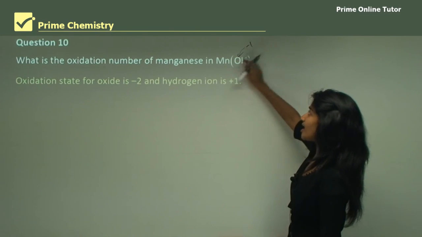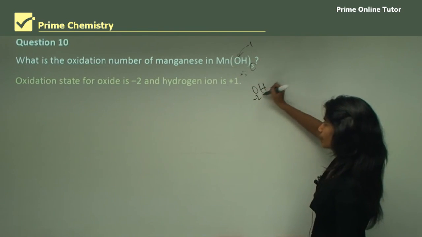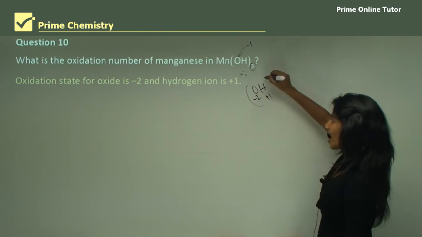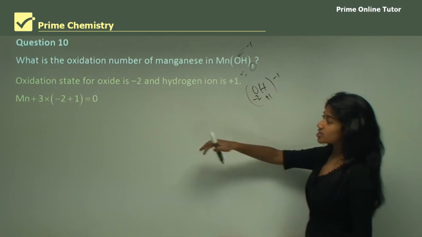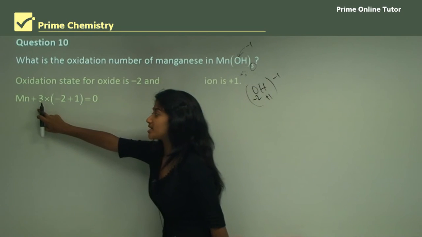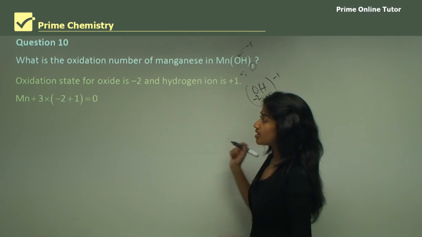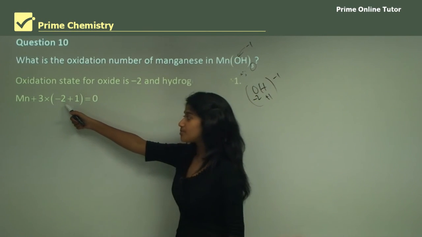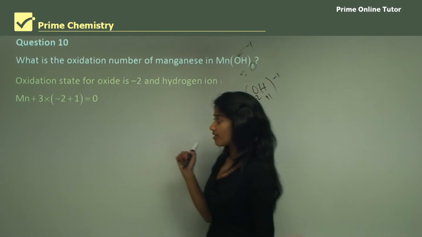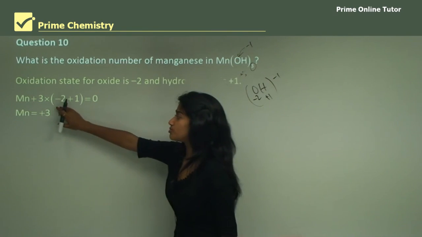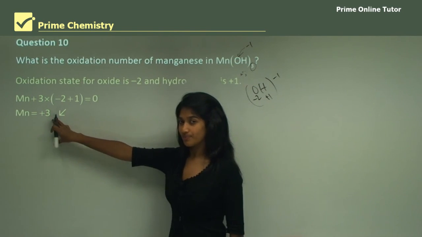So you can see that for oxygen it's -2, for hydrogen +1, and in whole it has a -1 charge. So to work out the manganese oxidation state, you would set +3 times -2 + 1, which all equals 0. So you would rearrange the equation to get manganese as +3.